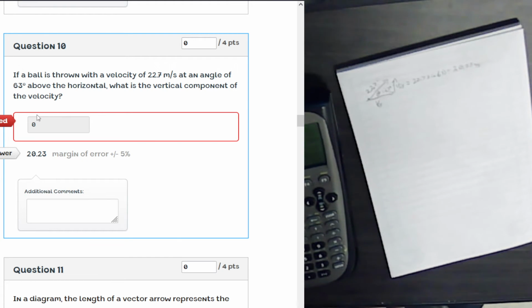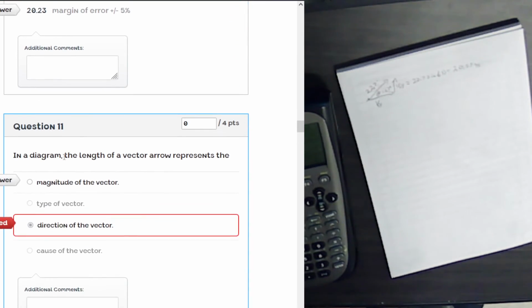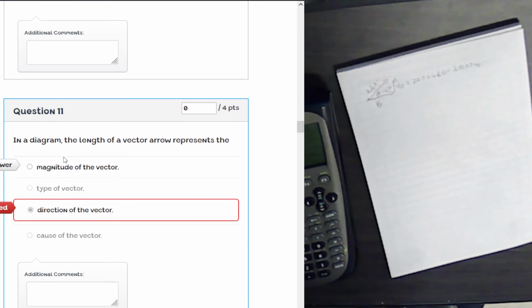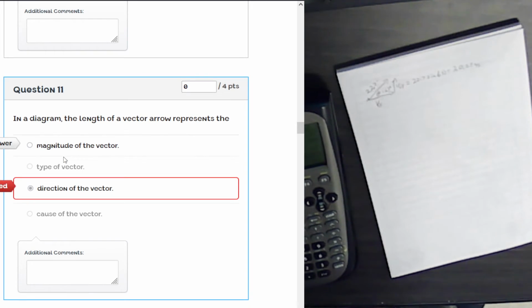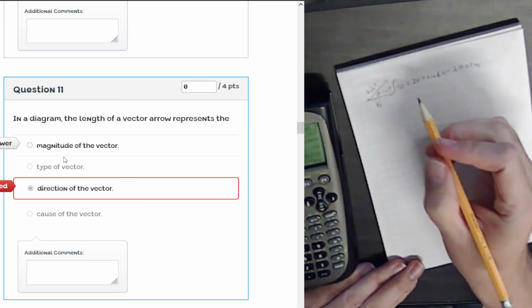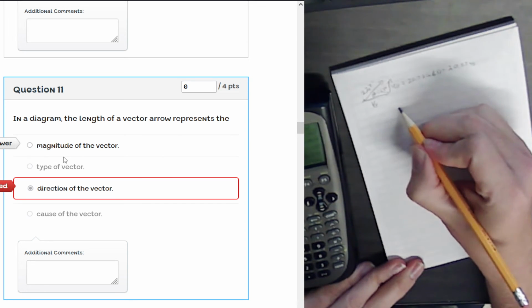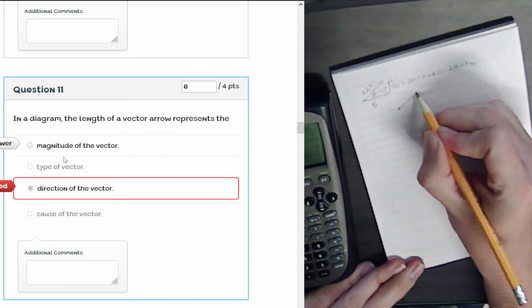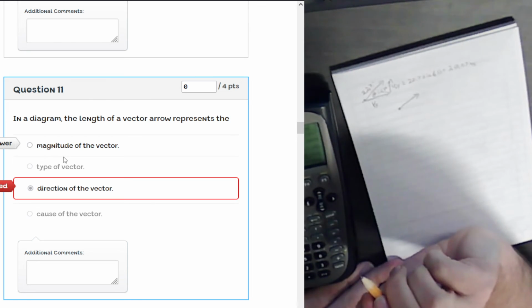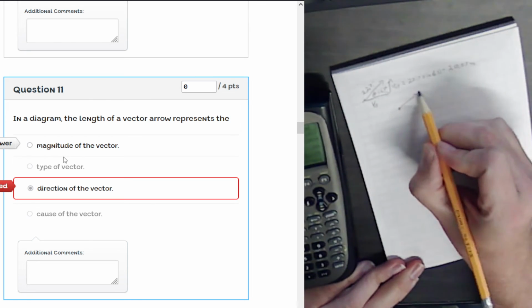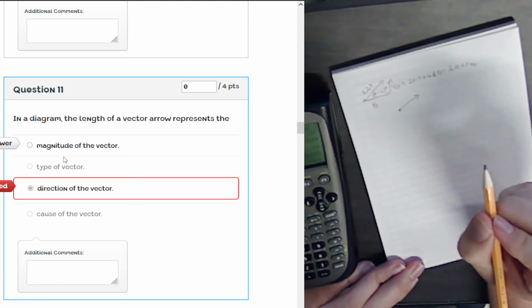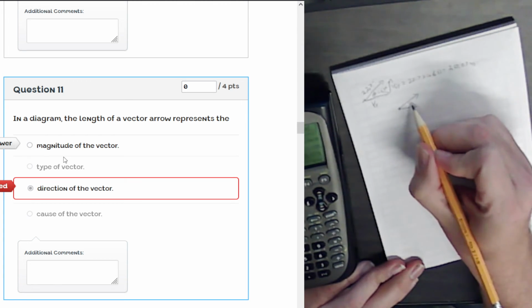I guess we can do 11 since that one didn't take very long. In a diagram, the length of the arrow represents the magnitude. So remember, I'm drawing all these arrows because vectors have magnitude, that's the size, and direction. The direction of the arrows indicates the angle. This is the angle here.